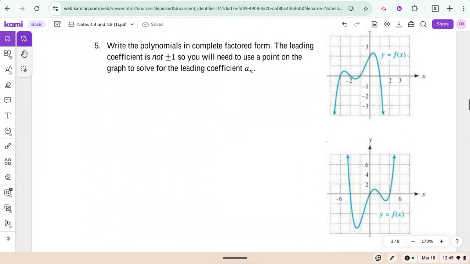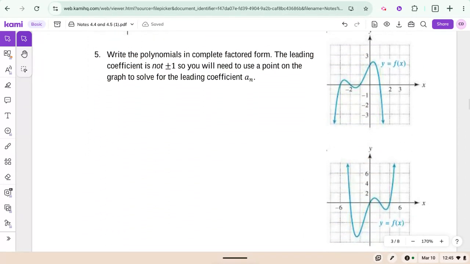For number 5, it says write the polynomials in complete factored form. The leading coefficient is not plus or minus 1, so we're going to need to use a point on the graph to solve for the leading coefficient. Okay, so we begin with our zeros.